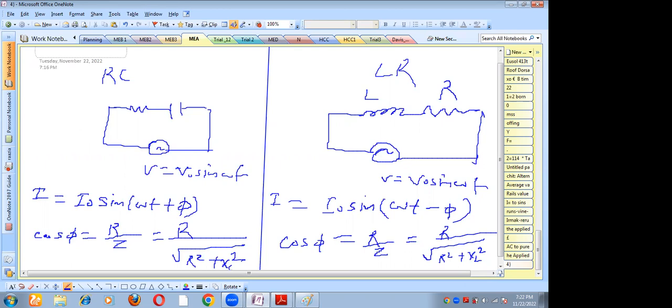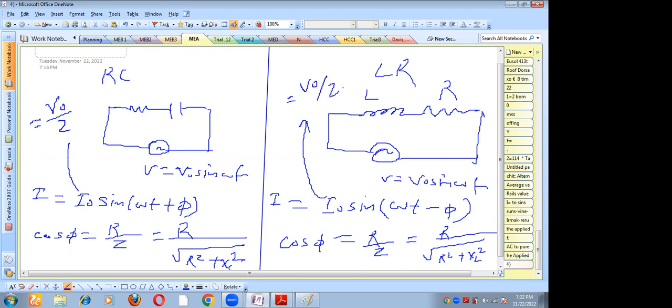Cos phi will be R by the square root of R square plus X_L square. The current will lag. So what you have to do, just write the expression. You can calculate I naught. How can we calculate I naught? I naught will be equal to V naught by Z. Also we can calculate I naught.